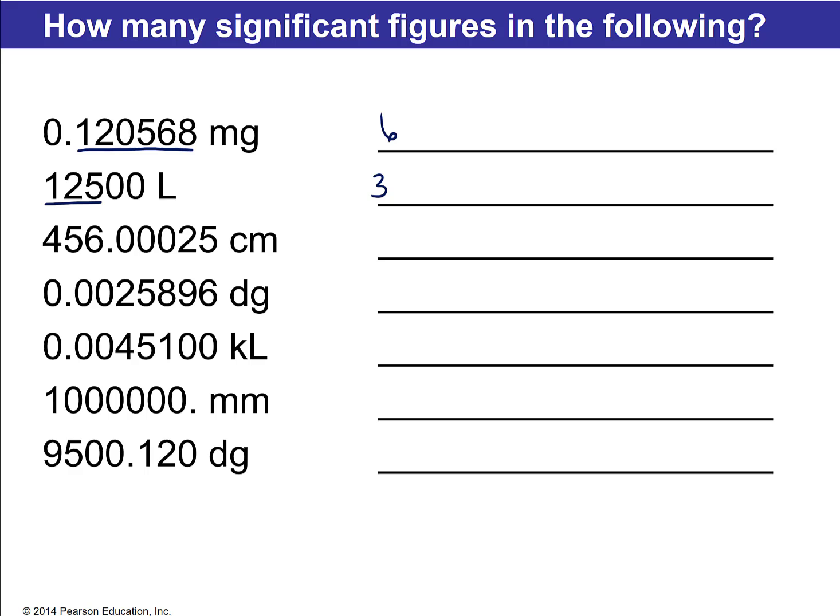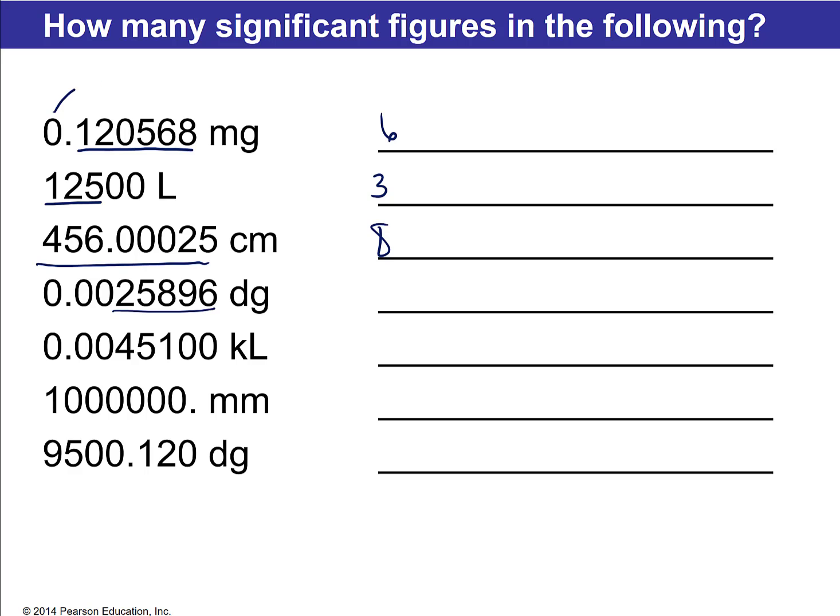456.00025. 8, all of them, right? The zeros in between, those are significant. 0.0025896. Five.